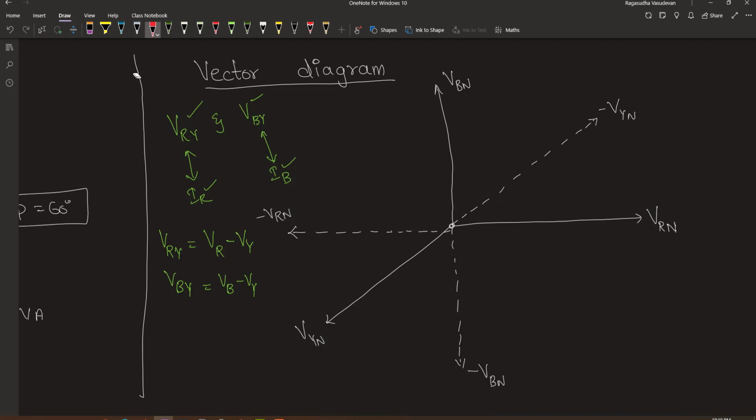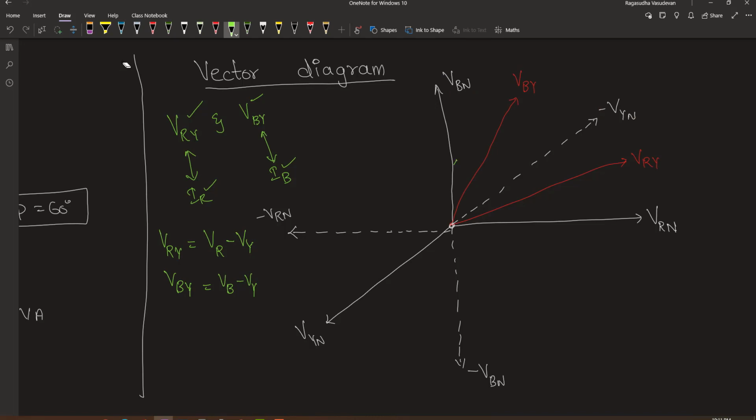VRY lies between this voltage and this voltage. Therefore, this kind of bisects both of them, and similarly VBY exists between this and this. This line is VBY line.